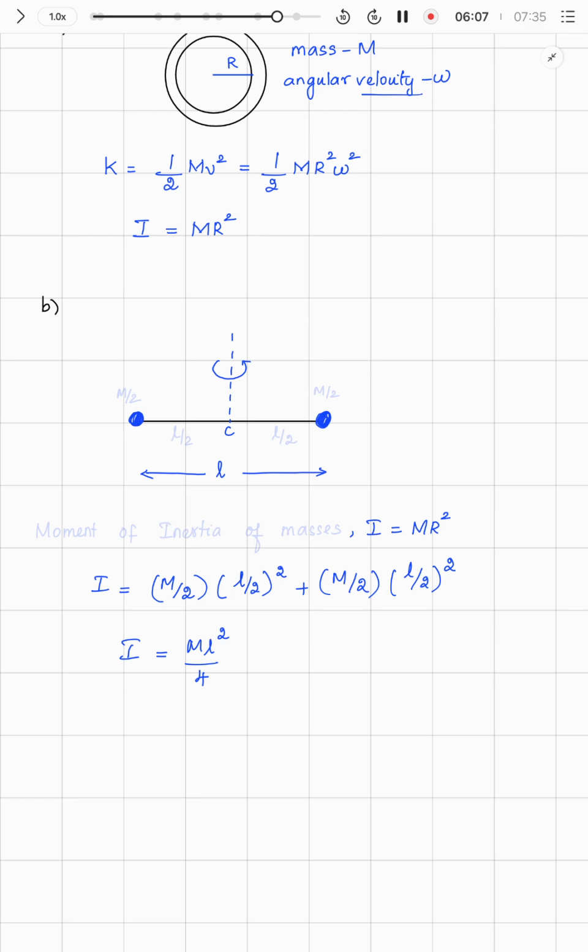Each mass is m by 2 and the distance of each mass from the center of mass is L by 2.